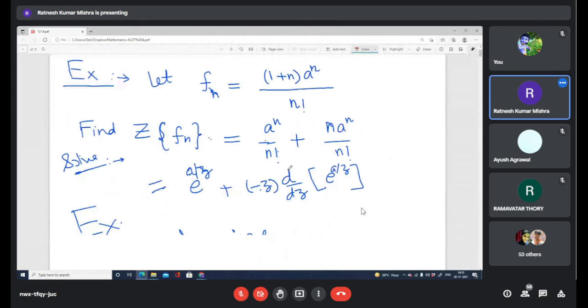So for the third one, p equal to 2, f2 is limit z tending to infinity, z square f(z), z square f naught minus z f1.